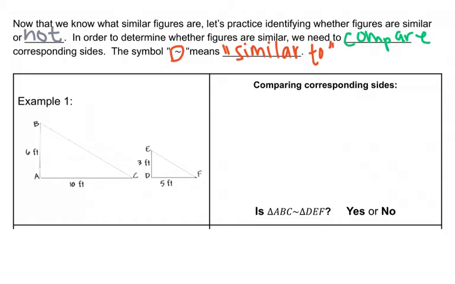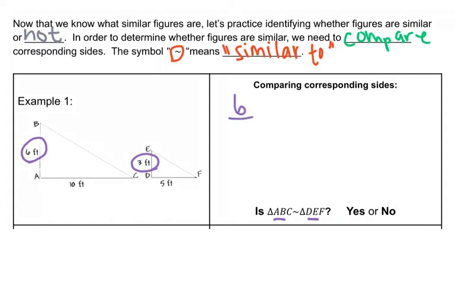We have triangle ABC, and we're wondering if it's similar to triangle DEF. So here's what we're going to do. We're going to look at side AB with side DE. So we're going to look at side 6, and we're going to divide side DE by that.